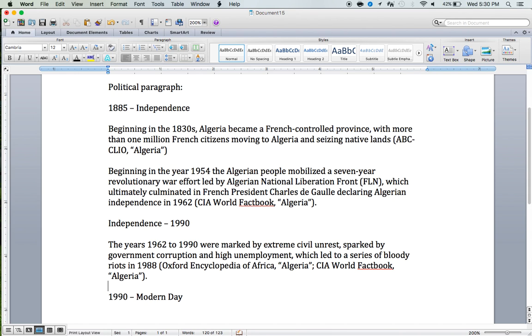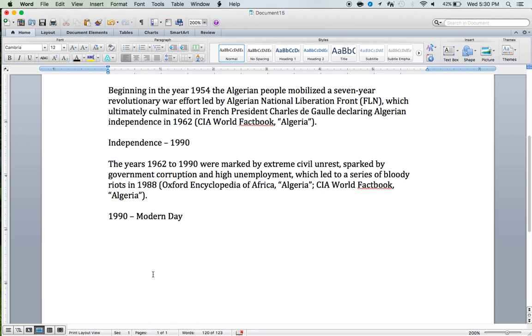So I've now covered pretty much up to the year 1990. Here 1988 is the important period. The last bit I'll cover from 1990 up to modern day. And again, you're just looking to describe a 25 or 30 year period. So in this case, I'm going to say in the last 25 years, what occurred before this political unrest has continued.